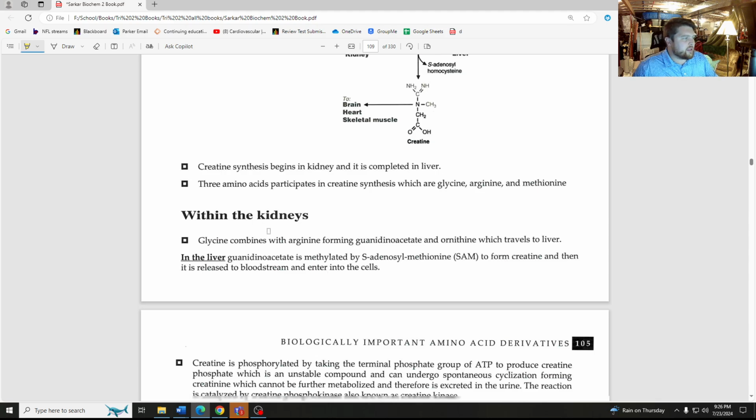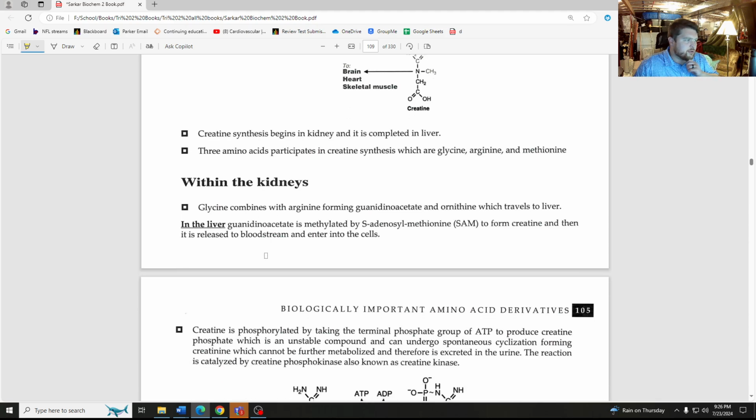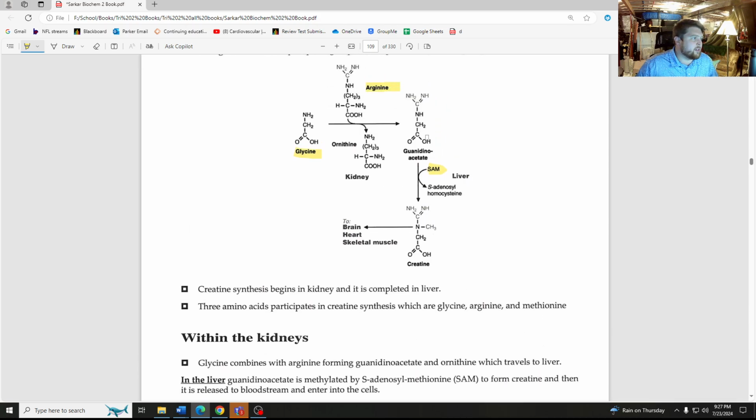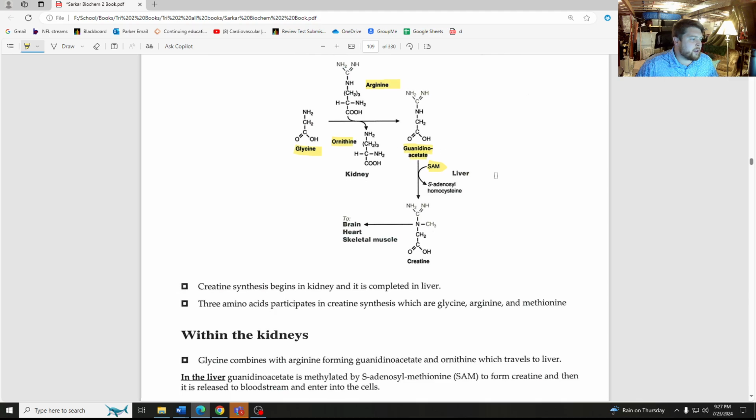Within the kidneys, glycine is going to combine with arginine to form, I love pronouncing these, guanidoacetate and ornithine, which travels to the liver. So we produce some ornithine and the guanidoacetate right there.